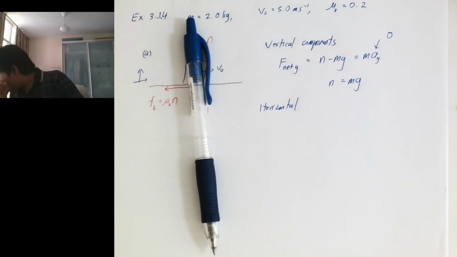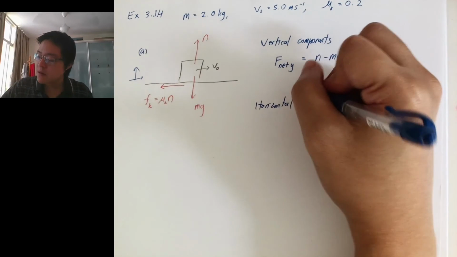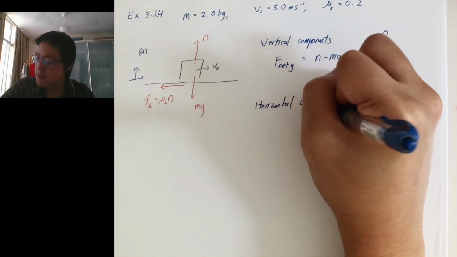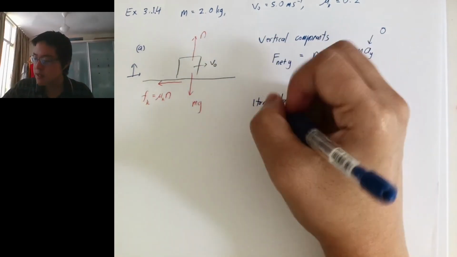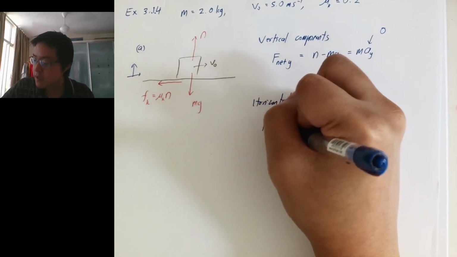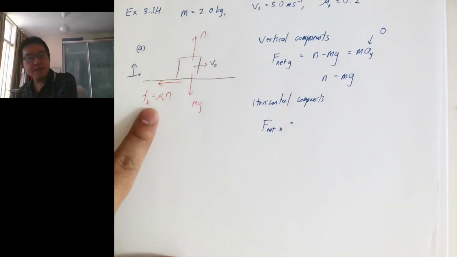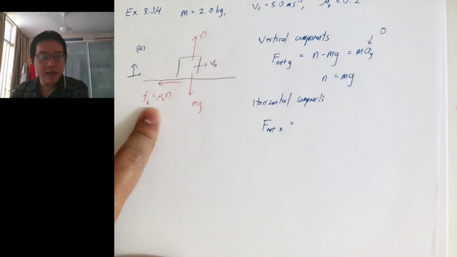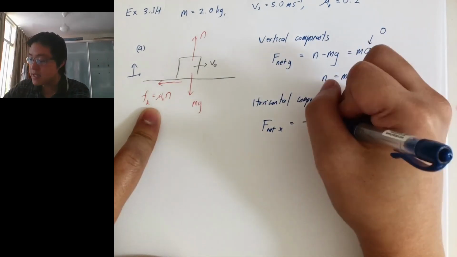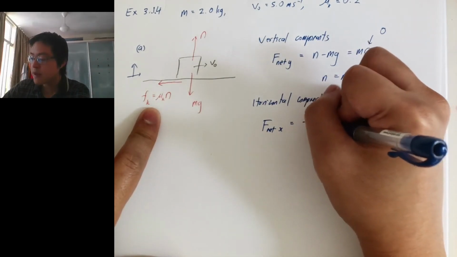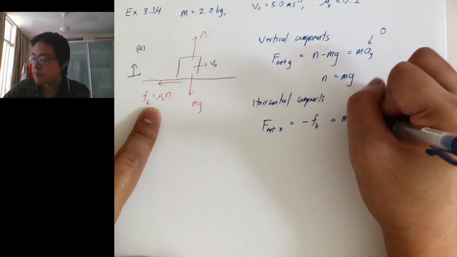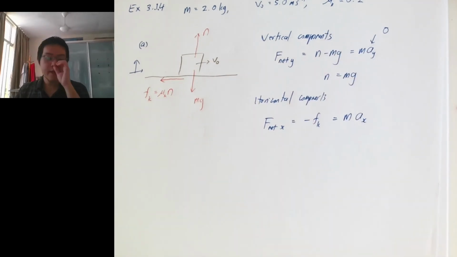Okay, so horizontal components. For the horizontal components, my net force in the x direction is only this one, and it's acting to the left, so it is a deceleration. So this is Fk, and this is m times the horizontal acceleration.